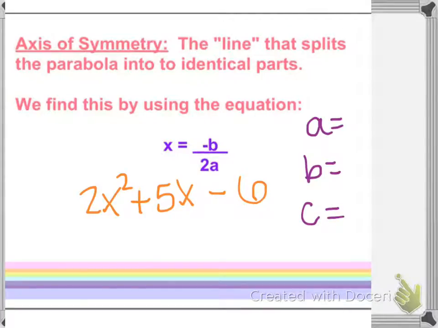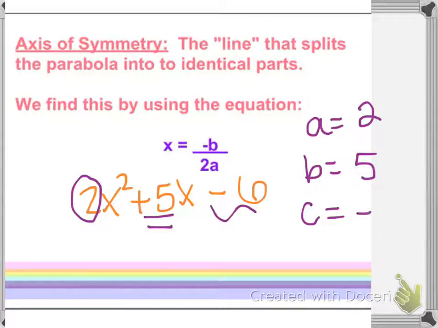A is always the number in front of the x squared. So in this example that I made up, my a is 2. B is always the number in front of the x, so in this case that is a positive 5. And c is always the number by itself, the constant, which in this case is a negative 6.